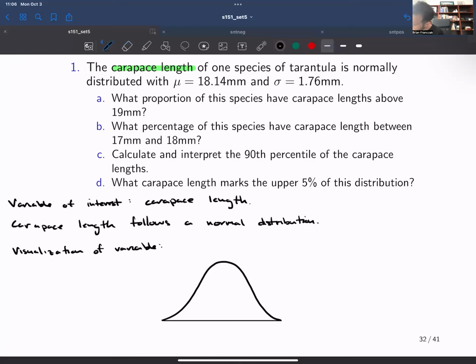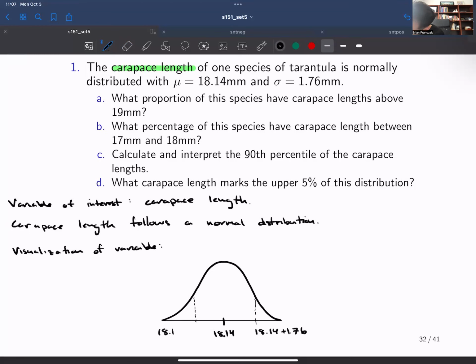But this bell curve is going to be centered at 18.14. So that's the mean. And if we move one standard deviation in each direction, we move 1.76 millimeters. So for example, if we move one standard deviation from the mean in this direction, we're going to have 18.14 plus 1.76.